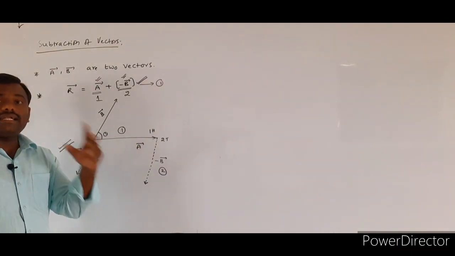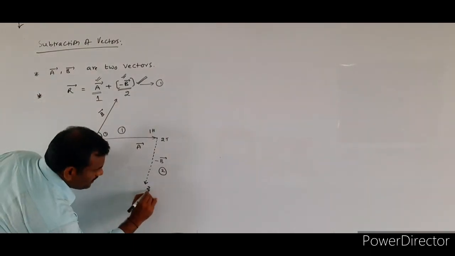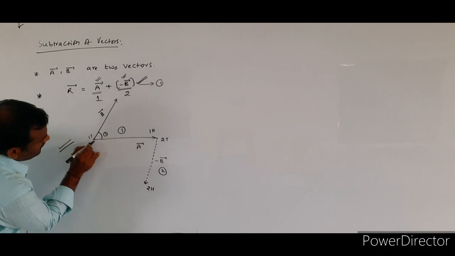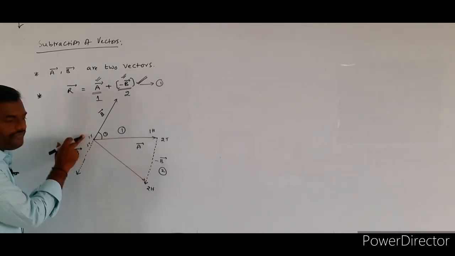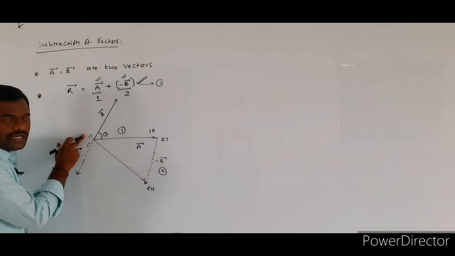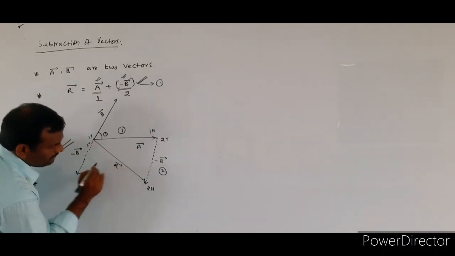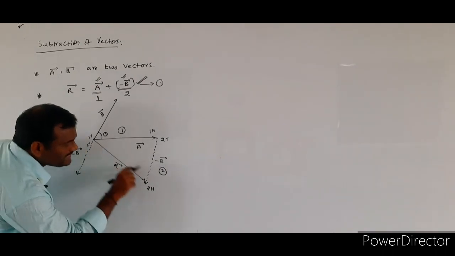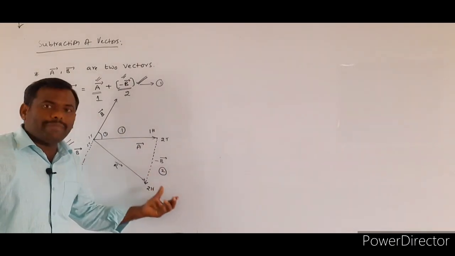Now, the resultant vector will be drawn from where to where? The resultant vector will be drawn from the tail of the first vector to the head of the second vector. So this directed line segment gives the resultant of A bar and minus B bar.